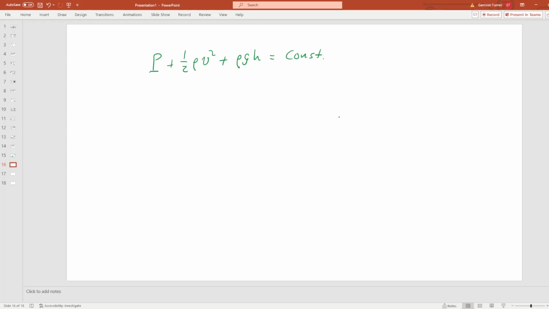So now let's come back to that original picture where we had the pipe like this. Let me see if I can draw that a little bit better.